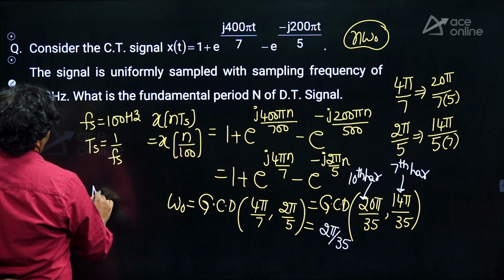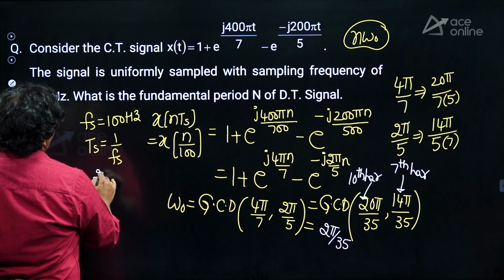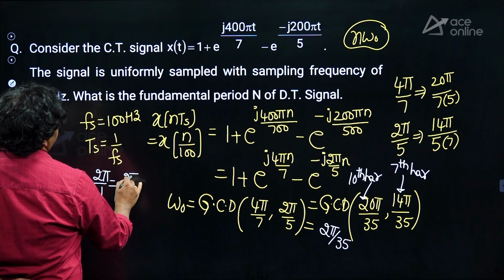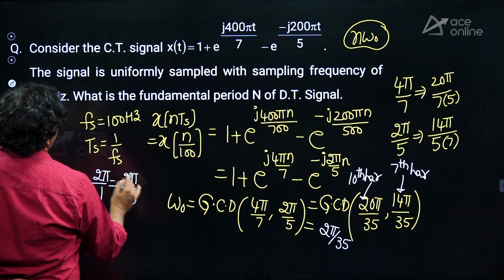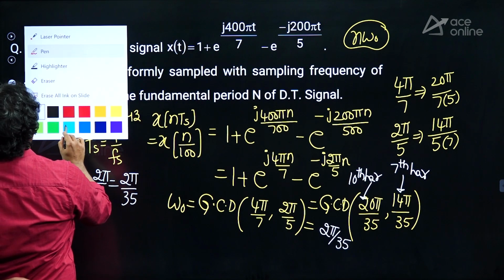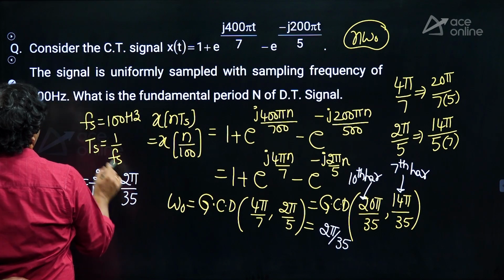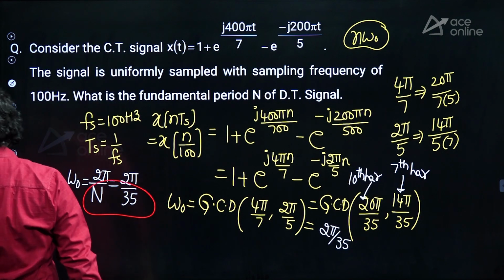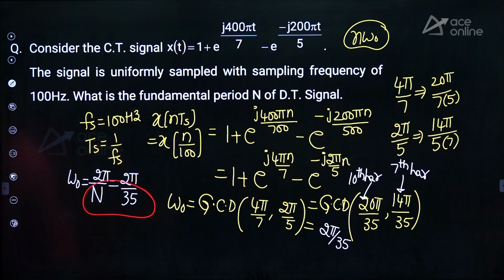So the time period is, as omega naught is 2 pi by N generally, which we got as 2 pi by 35, N value how much? N value is 35 samples.